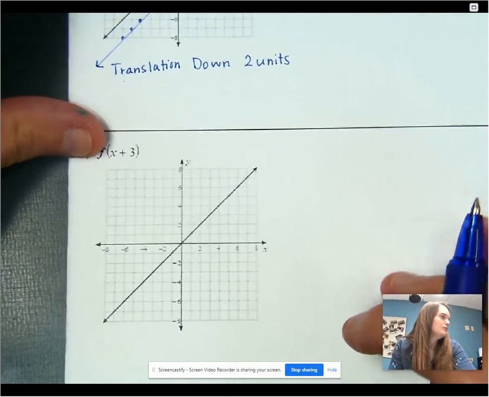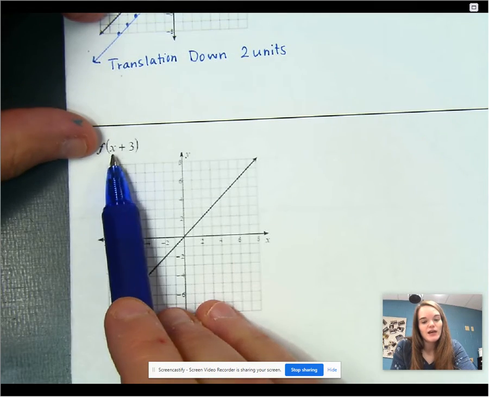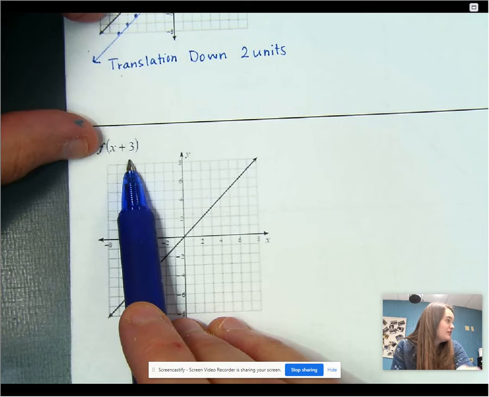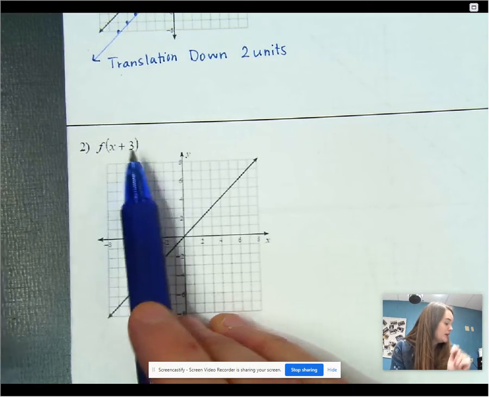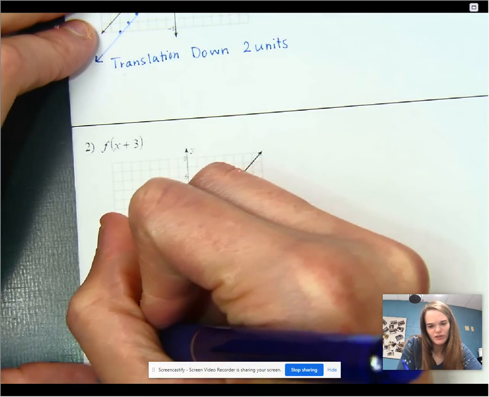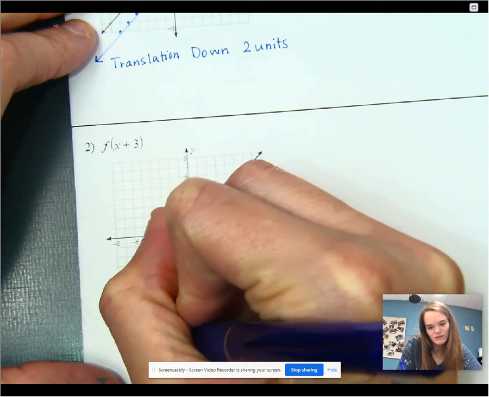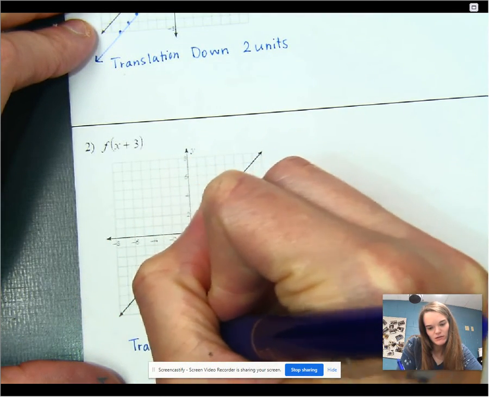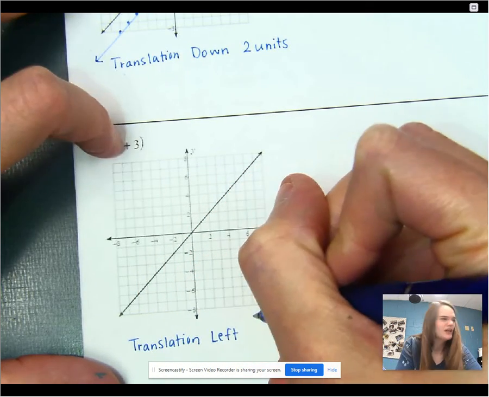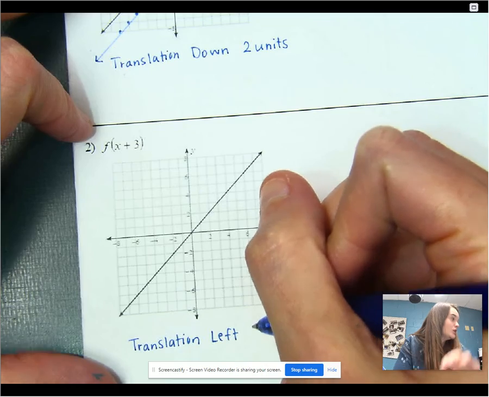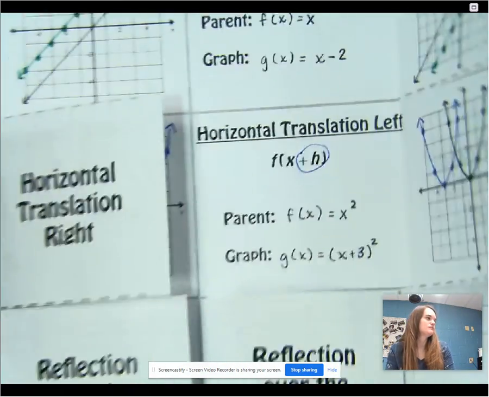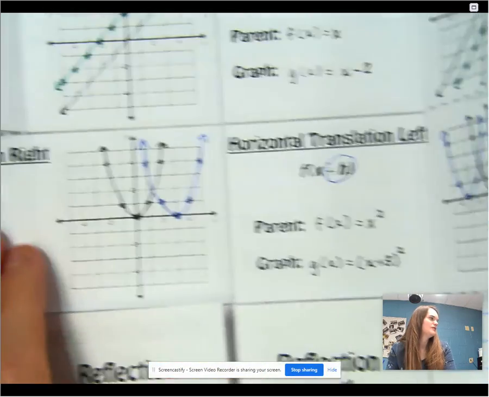All right, number 2. It is x plus 3 on the inside. On the inside means it's either left or right, and it's normally the opposite of what we think it should be. I think I accidentally just said plus is right. I'm looking at the foldable from yesterday. Plus is left.